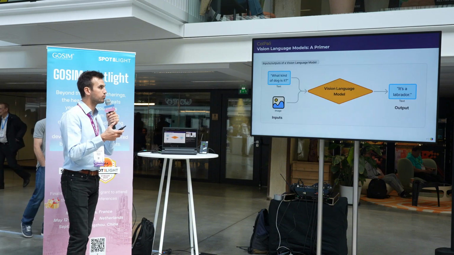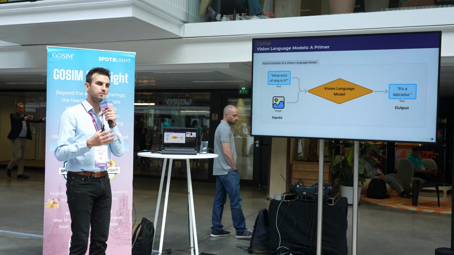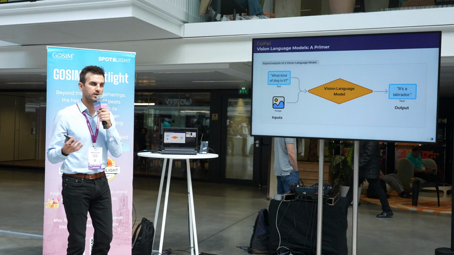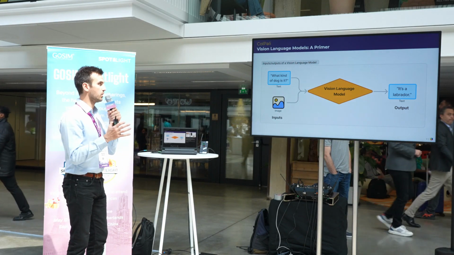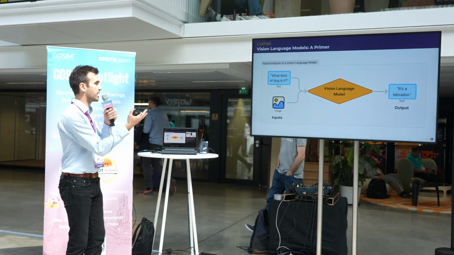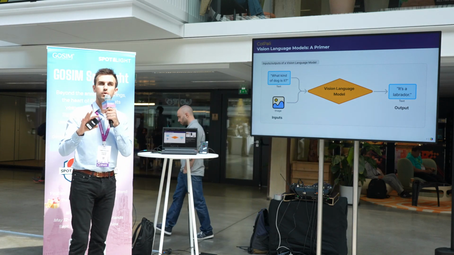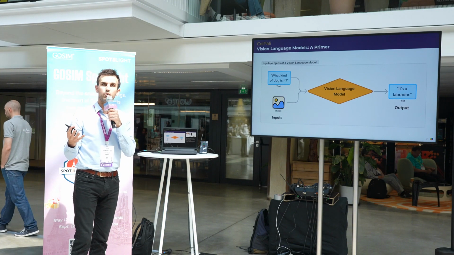So what we propose is to use vision language models to adopt a new strategy for RAG. A vision language model is very simply a model that takes as inputs a text, like a query, like what kind of dog is it, and an image, so the image of a dog. And the vision language model is going to give a reply, an answer.